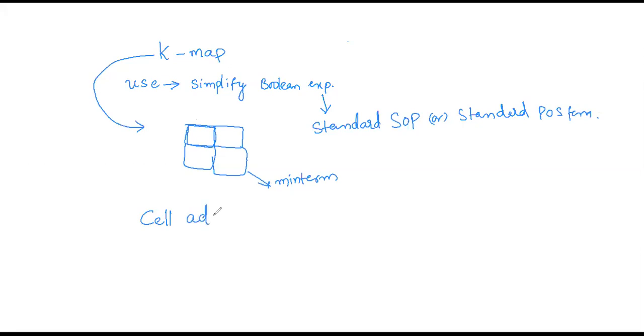Cell adjacency indicates that if there is only one bit change between two cells, we call those two cells adjacent cells.